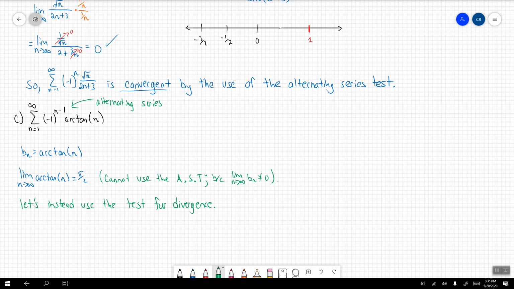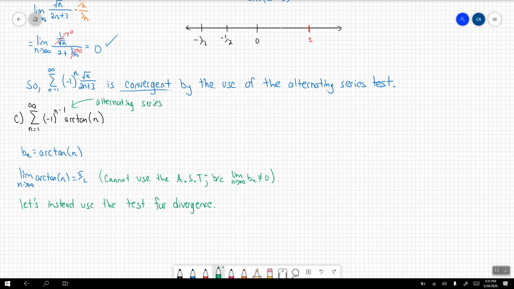We actually covered that back in, I believe, the second section in chapter 11 when we were talking about series. I'll put a card up here in the right-hand corner to link you to that video. The test for divergence says that if the limit as n tends to infinity for the function we're looking at does not exist, or if it's not equal to 0, then the series is divergent.